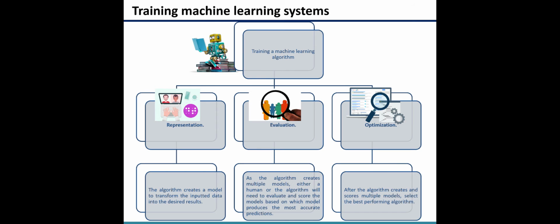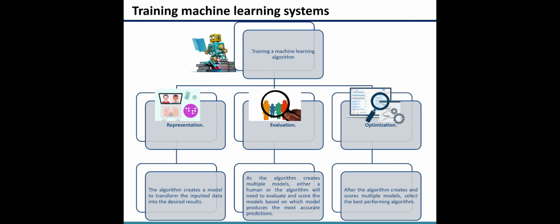Second, evaluation: as the algorithm creates multiple models, either the human or the algorithm needs to score the models based on which model produces the most accurate predictions. And third, optimization: after the algorithm creates and scores the multiple models, select the best performing algorithm. So before applying this training, what do we need to do?